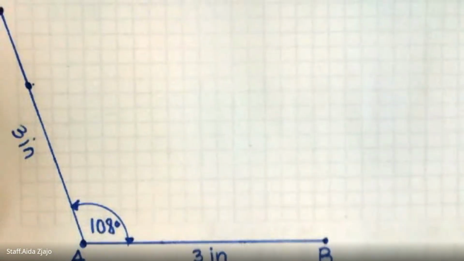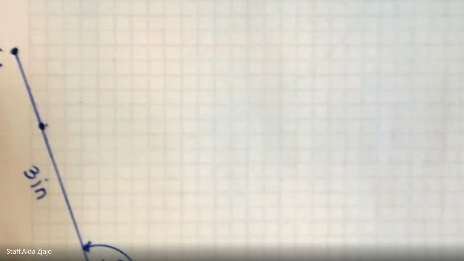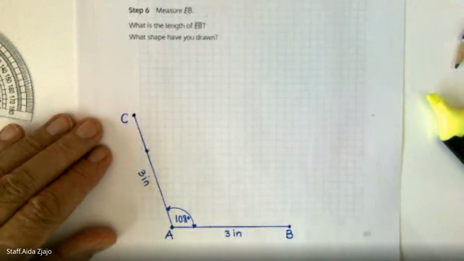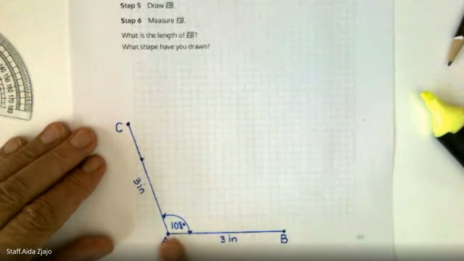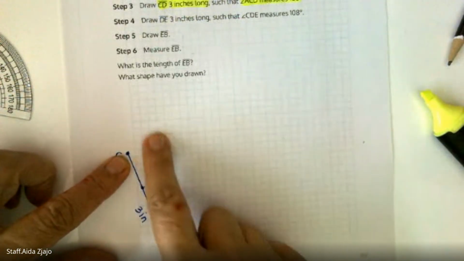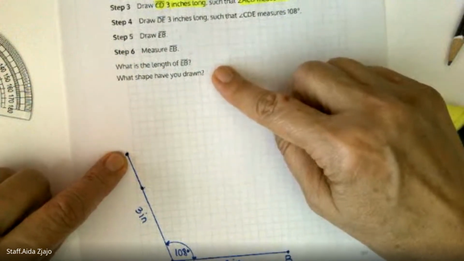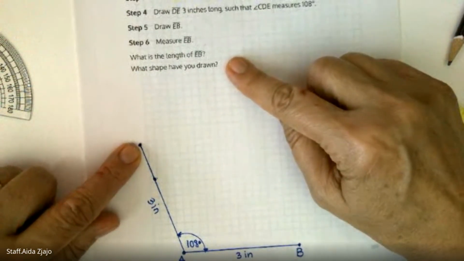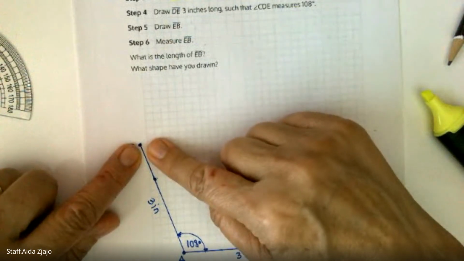If we go back, I'm going to make it smaller so you can see that. We did AB, AC. Now we need CD, and the angle ACD will give us 108 degrees, this angle right here.